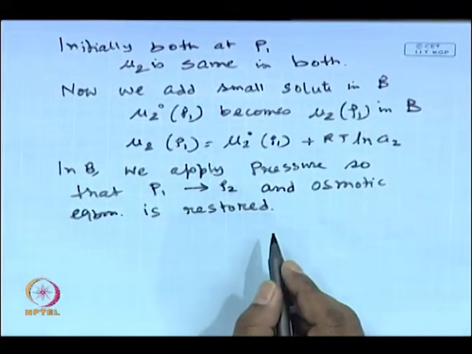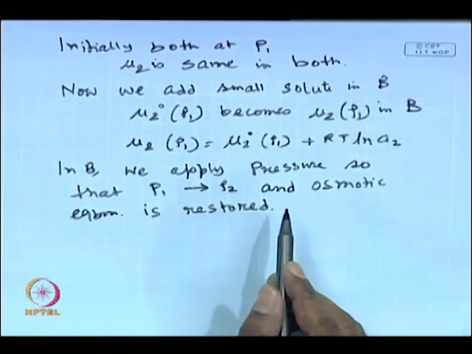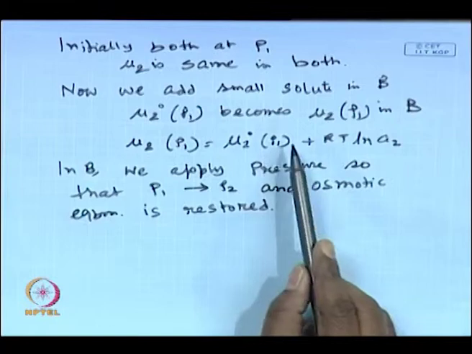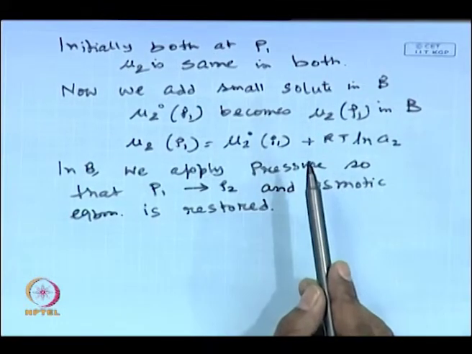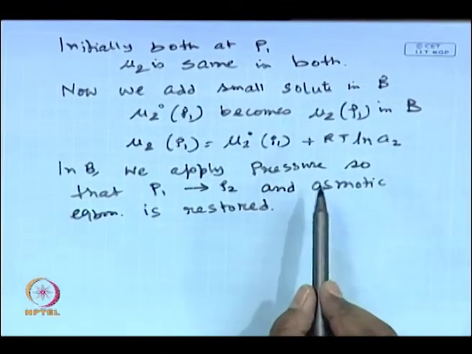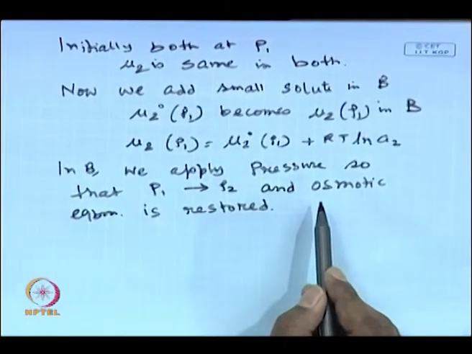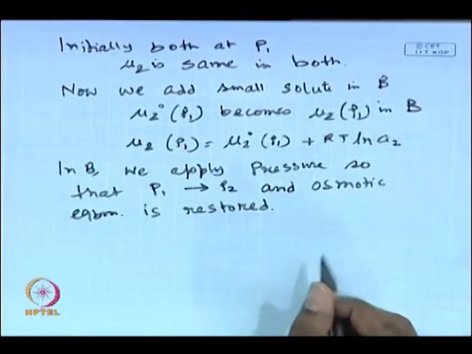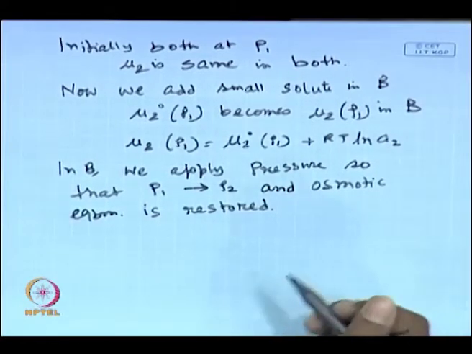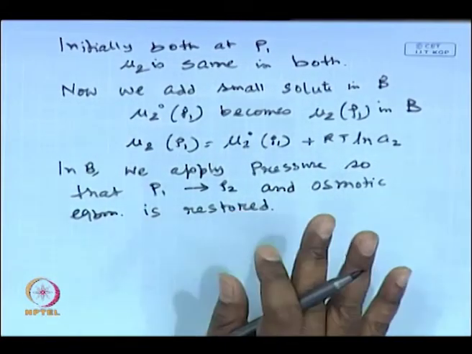Why are you applying pressure? Because when you are adding a salt in chamber B, more solvent will be coming, because solvent concentration is less there. So, more solvent will be coming from the solvent side to the solution chamber, from A to B. Now, you are applying pressure in chamber B and raising its pressure, so that the solvent flux will be arrested and an equilibrium will be restored, that is known as the osmotic equilibrium.